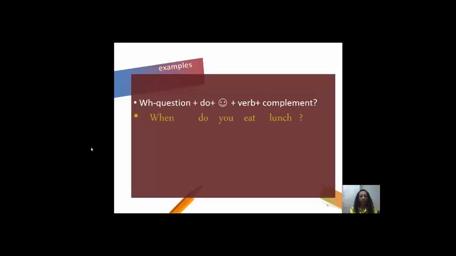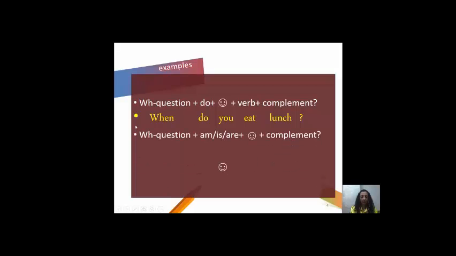Okay, if we have a verb in the present simple tense with pronoun you, we begin with the helping verb do. So the yes or no question is, do you eat lunch? Then by putting when at the beginning of this question, we change it to a WH question.